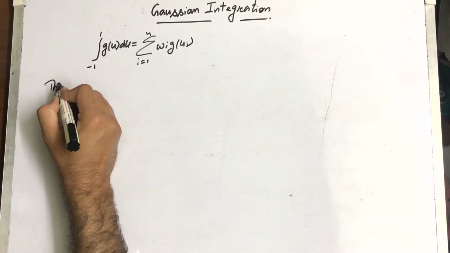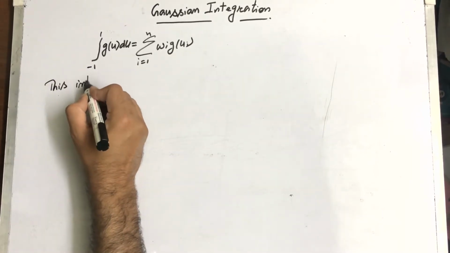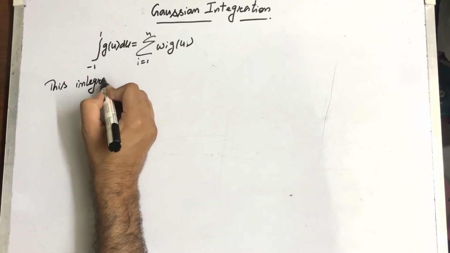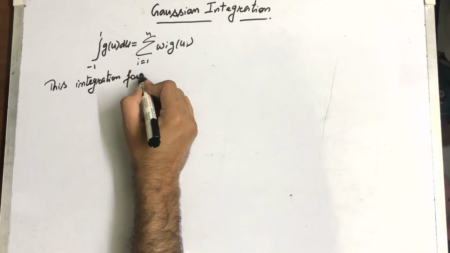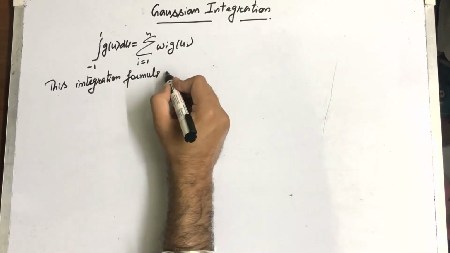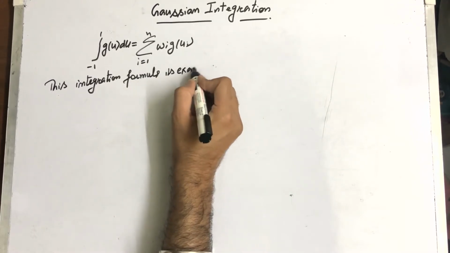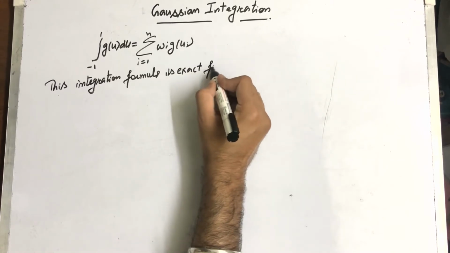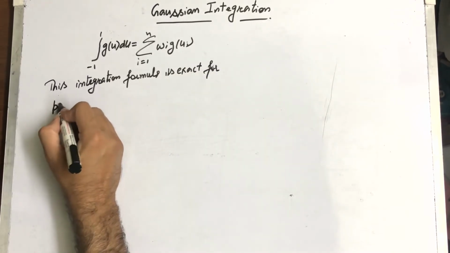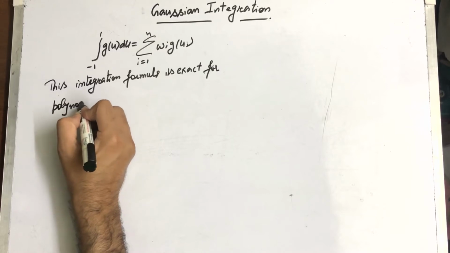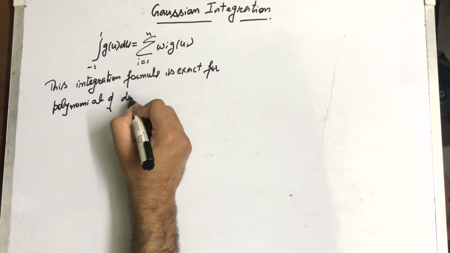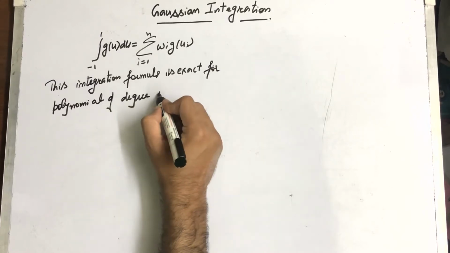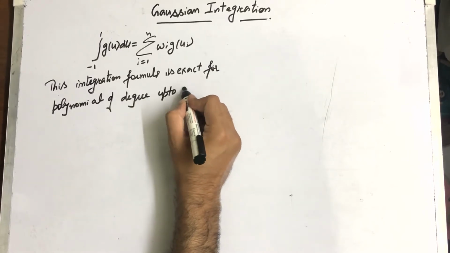This integration formula is exact for polynomials of degree up to 2n minus 1.